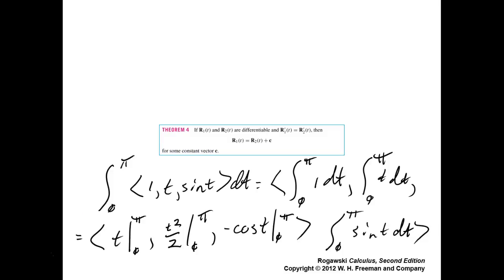All right. So this will be the vector whose first component is pi. Very good. Second component is pi squared over 2. Third component is, be careful on this one.